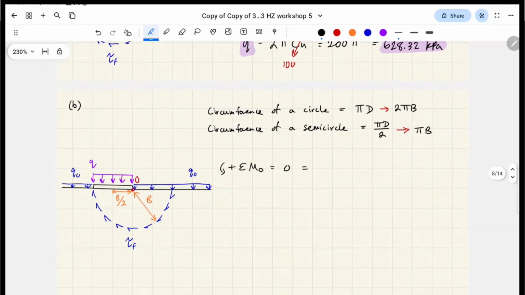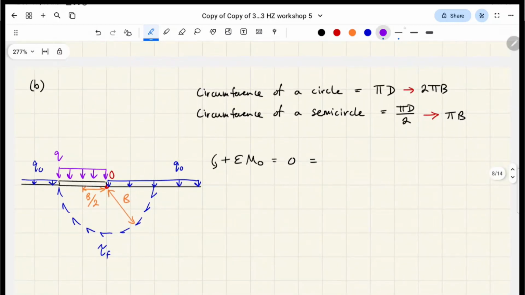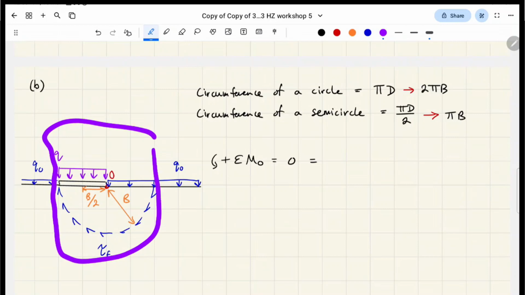Okay, next, part B of the question was saying that you can assume that the surcharge is acting over all the soil, aka where there's not a footing. And that's going to be called QO, okay? So in terms of our system that we care about, we only care about this part of it, okay?